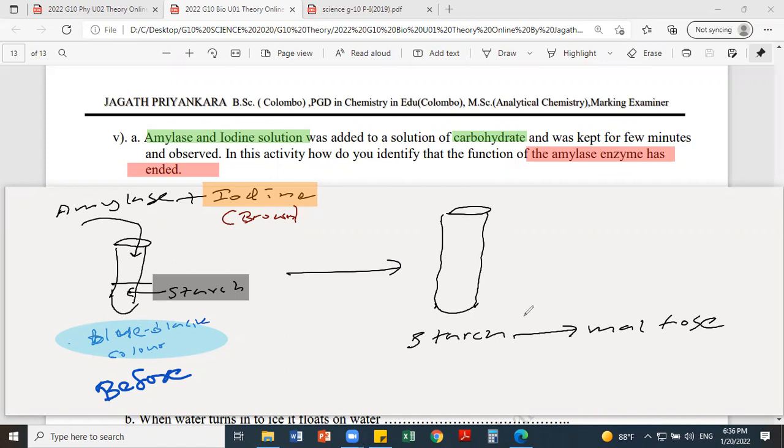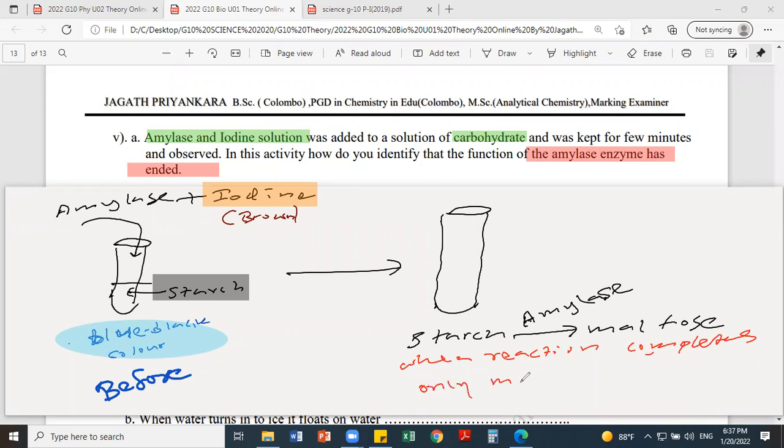When this reaction is over, this is done by which enzyme? Amylase enzyme converts starch into maltose. So then at the end, no more starch, only maltose now. When the reaction completes, only maltose in the solution.